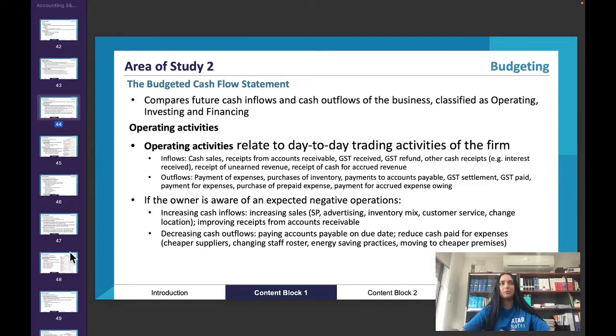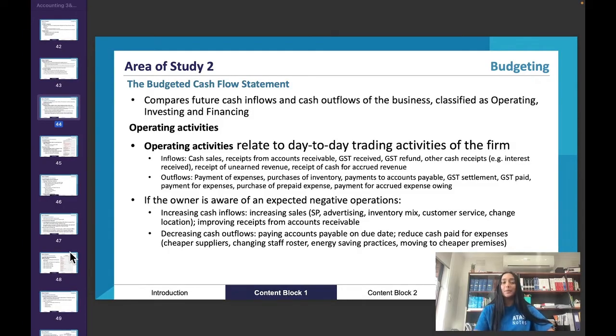If the business is predicting a negative outcome, for example, in the cash flow statement, if they're predicting a negative net balance of bank balance, or if they're predicting in the budgeted income statement a loss, or if they're predicting in the balance sheet a lot of new liabilities, or not a high valuation of assets, then the business isn't just going to sit by and let those negative outcomes happen.